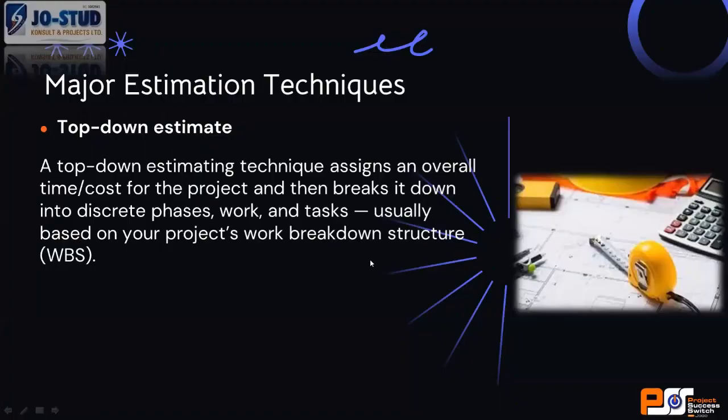Okay, so top-down estimate. I think I'm done with that. If you have questions, you can just keep them for me. What I mean is: get the overall cost, then assign it to phases of work, usually based on your work breakdown structure.